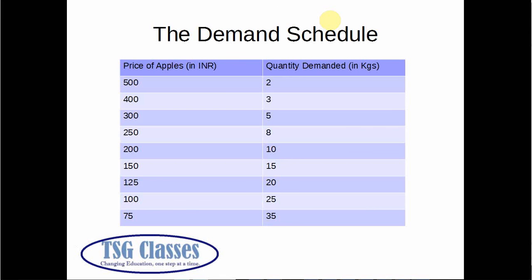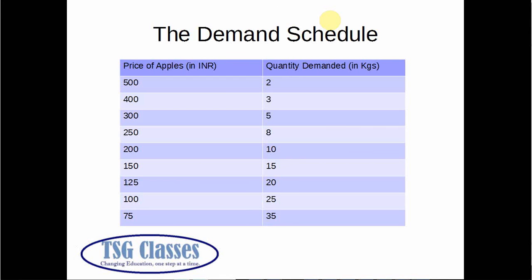There are very few people who would be able to afford apples at that price. So there are only two families or two people who are ready to buy apples if they are priced 500 rupees a kilo. But as the prices go down to 400, 300, 250, you see the quantity demanded increases as more and more people can now afford it.